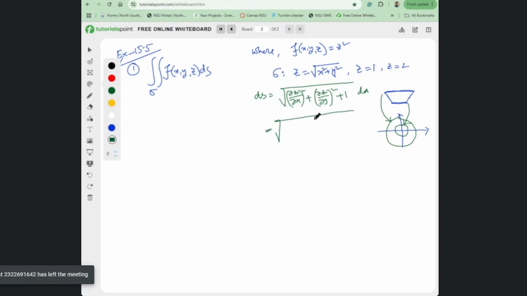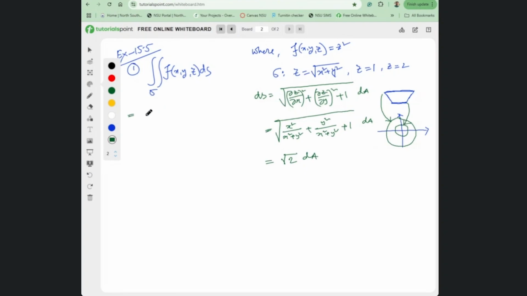So del z by del x square is x square over x square plus y square, plus y square over x square plus y square, plus 1, into dA. And that will be 1 plus 1, which is 2.